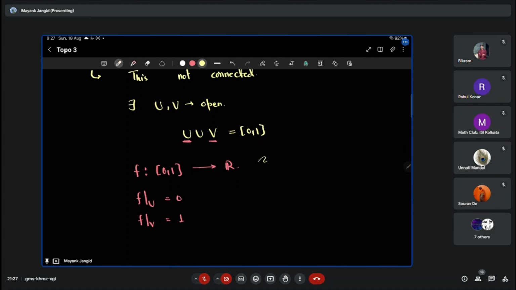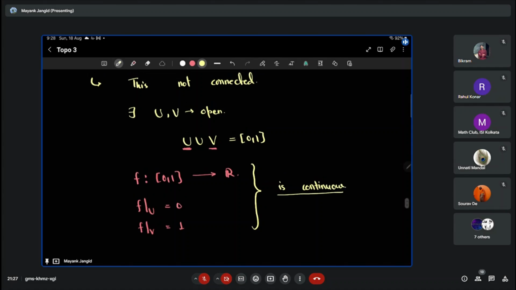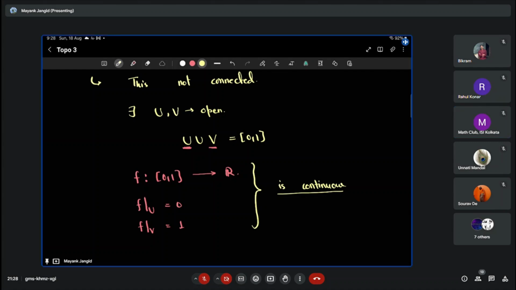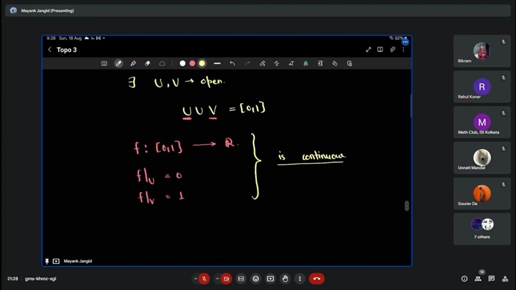The point is this map is continuous. Can everybody see that this map is continuous? Yes, because U and V are open sets. Exactly. If any open set in R contains both 0 and 1, then the pre-image is the full set. And if it contains them individually, then since U and V are open, the pre-images are also open. So this is a continuous map.